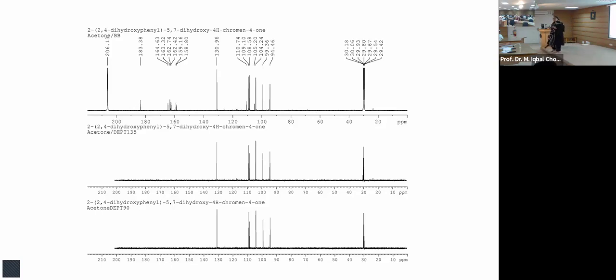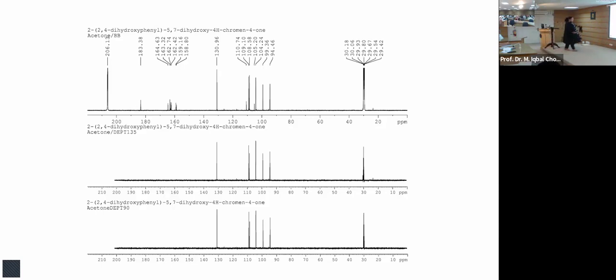spectrum, all CH2s are hanging down, but there is no CH. Okay, and here in DEPT 135 and DEPT 90, only those carbons that have protons attached to them will appear. No quaternary carbon.